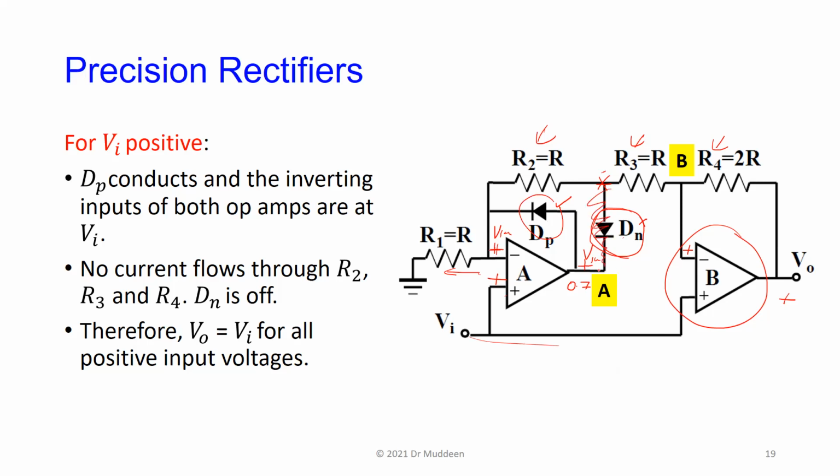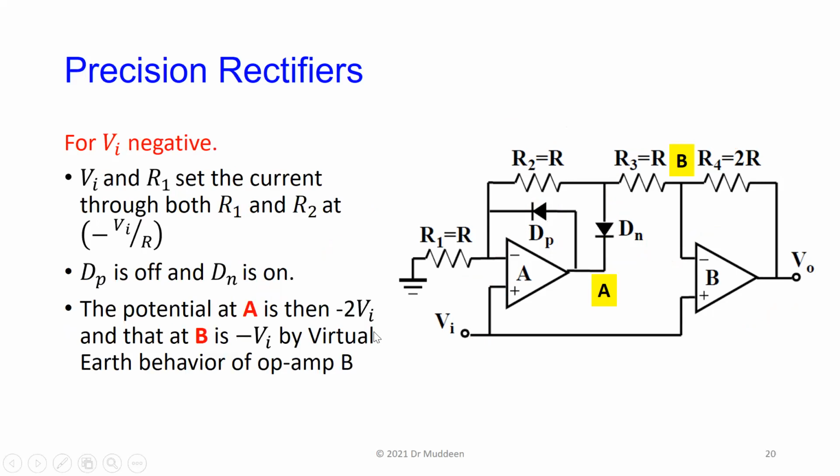There's no connection between point A and the rest of the circuit, so this point is not connected to any voltage here. If the output here becomes positive because of the op-amp behavior, and here is V in and here is V in, then there's no voltage drop across these resistors, so there's no current flow. So when V in is positive, V out is positive.